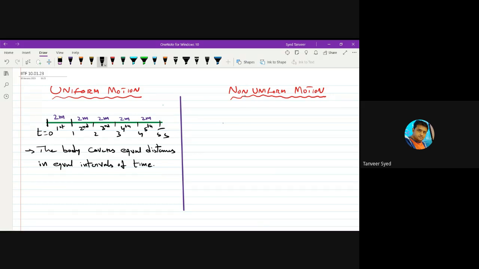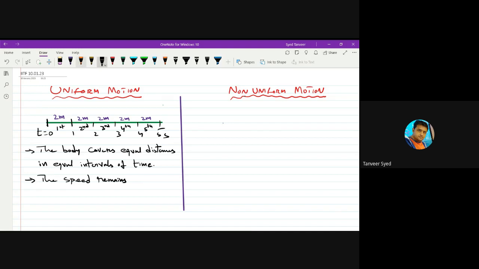And for this to happen, is it necessary that the speed should remain constant? No, sir. Speed does not need to remain the same here.